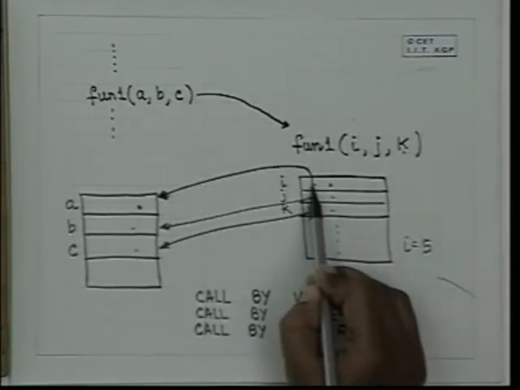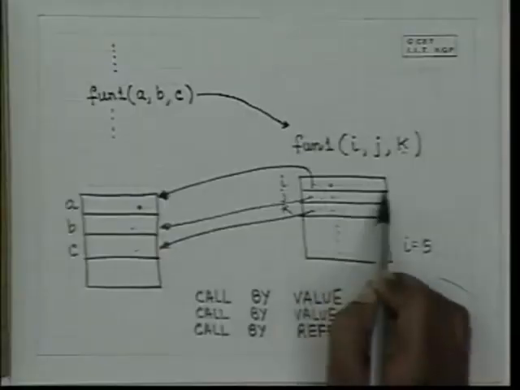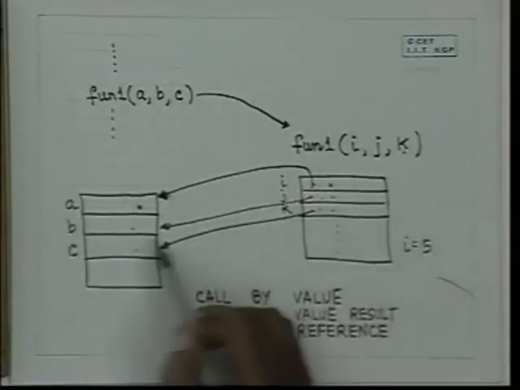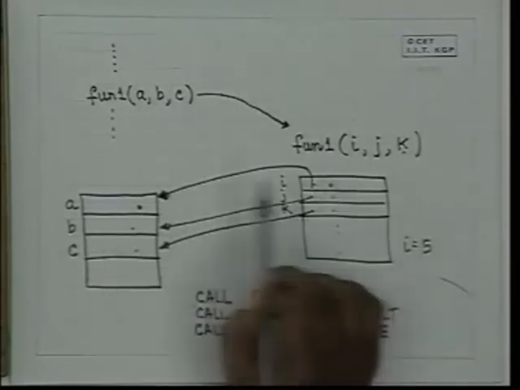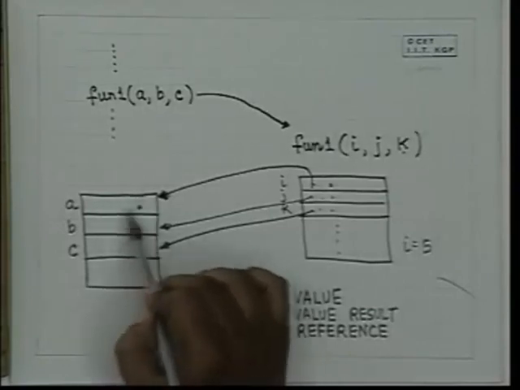It uses this location to keep the address of A. It uses this location to keep the address of B. And it uses this location to keep the address of C. And it uses this address to modify the contents. So it does a star I operation whenever an I operation is given.